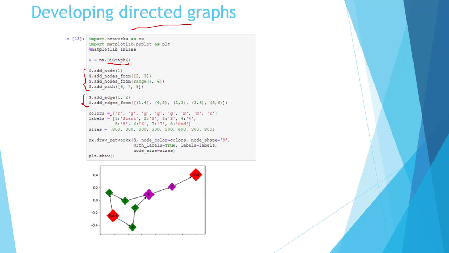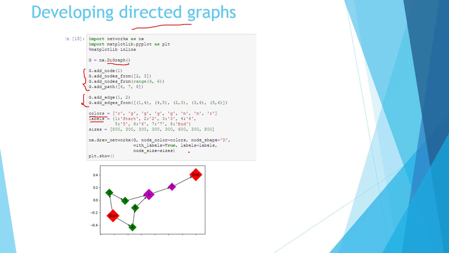Now for another parameter in draw_networkx, we have specified the colors for each of the nodes. The colors are specified in list form. After that we can also specify the labels for the nodes.